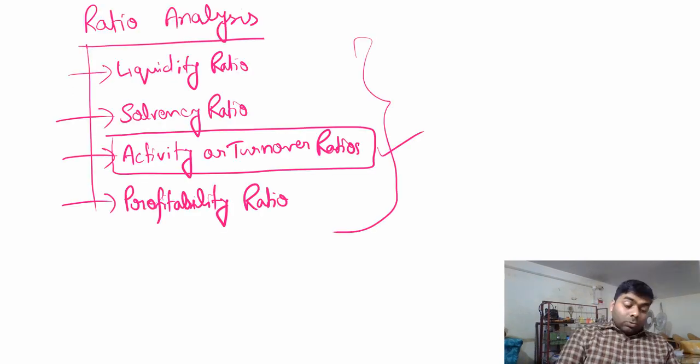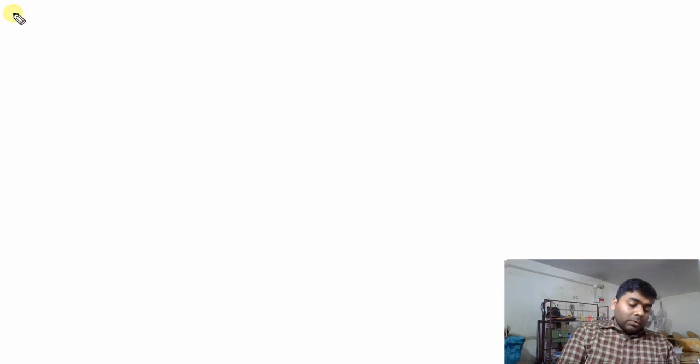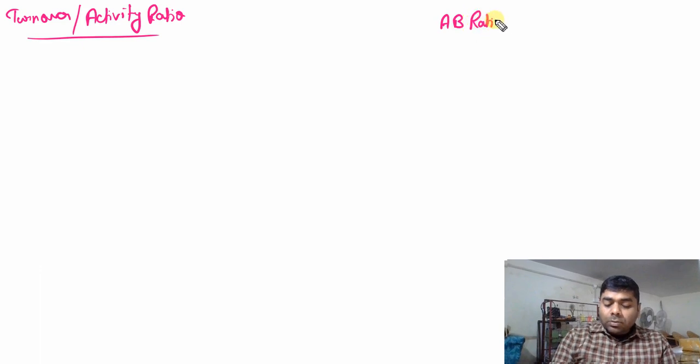Okay. So we are going to study about turnover ratio or activity ratio. First of all, I'm going to tell you about the formula trick. In this chapter, if it is given as AB ratio, don't panic by seeing this.